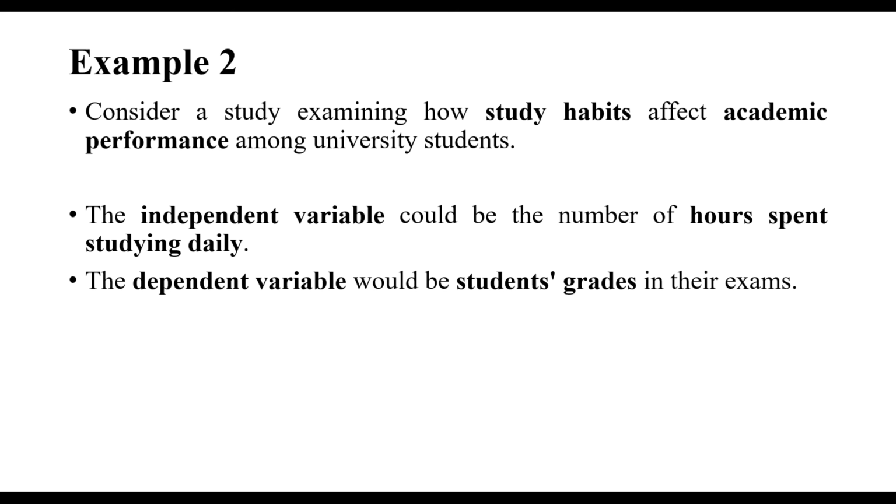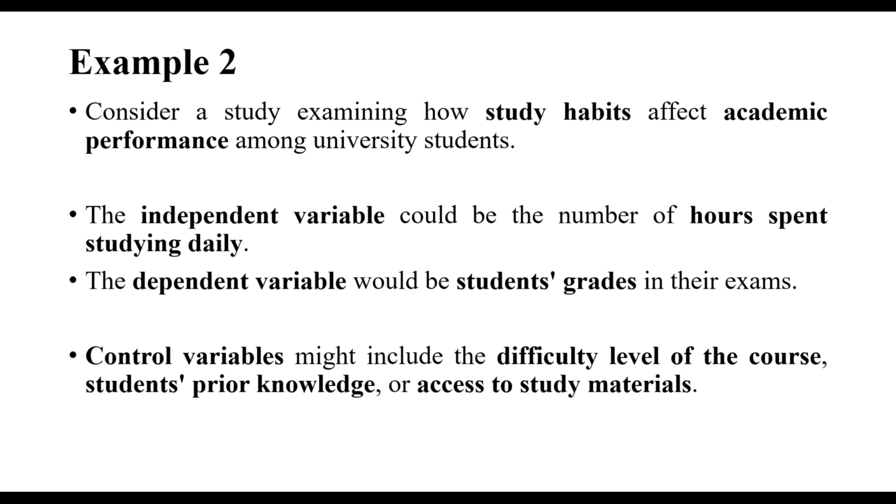Of course, academic performance can be measured using probably students' grades or how students are able to respond to teachers' questions during classes. Academic performance will depend on students' study habits. So in this case, academic performance is the dependent variable, while the study habits, which brings the effect to change students' academic performance, is considered the independent variable.